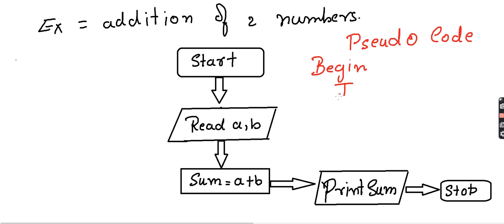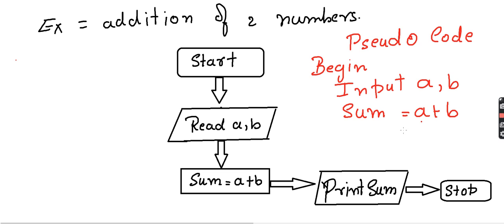It is simple English language; we don't use any rules here. So: begin, input A, B, sum is equal to A plus B, print sum, end. You can see the same terms I'm using everywhere.